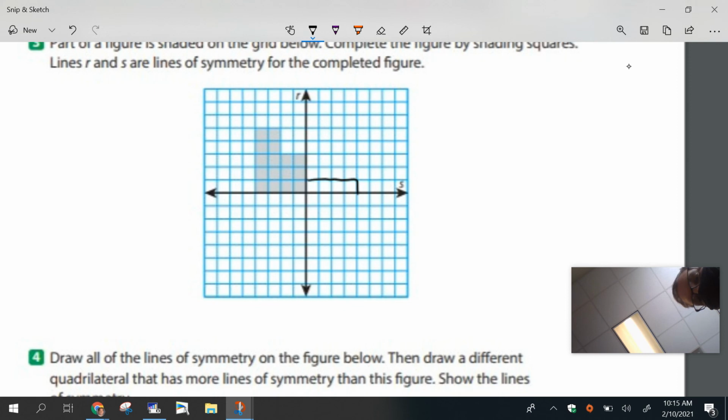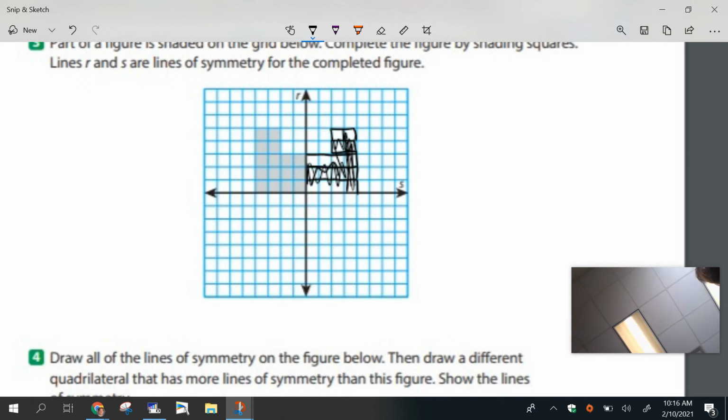Another 4 will be shaded in. Another 4 will be shaded in. And here it skips 2, then 2, skip 2, then 2. So you would shade all of this in.